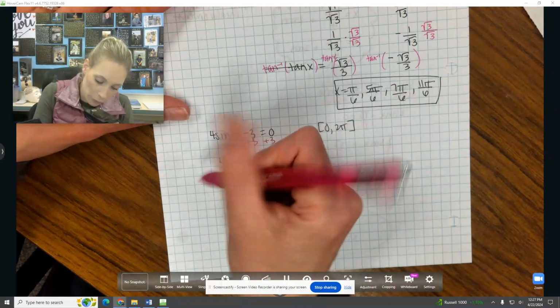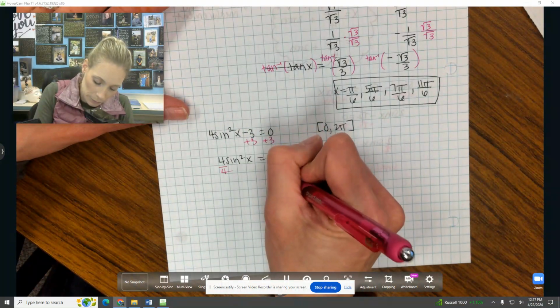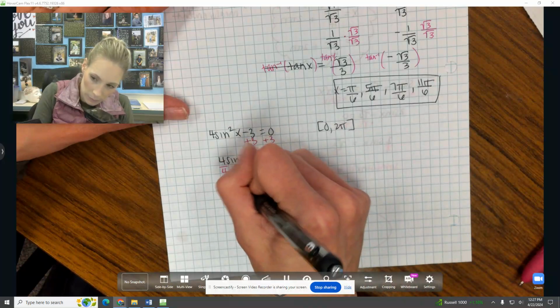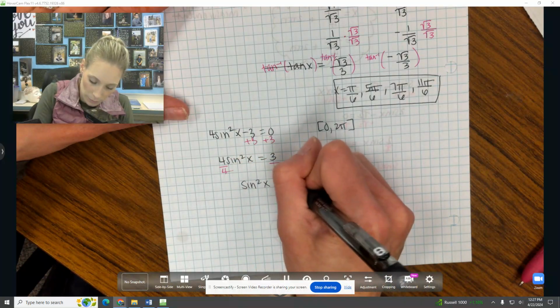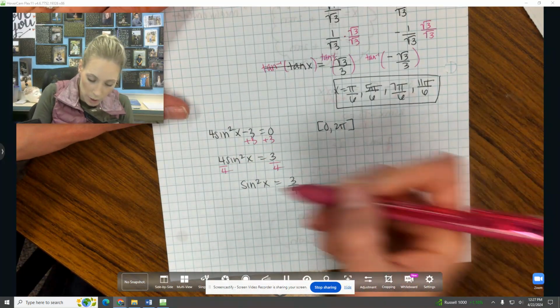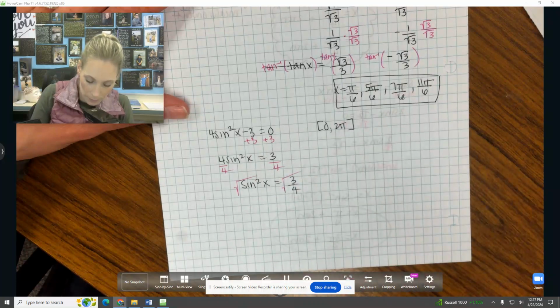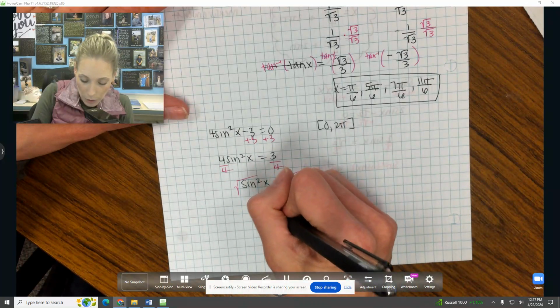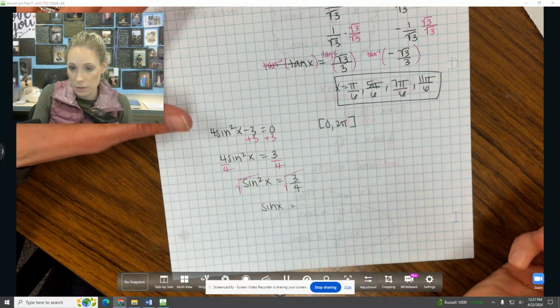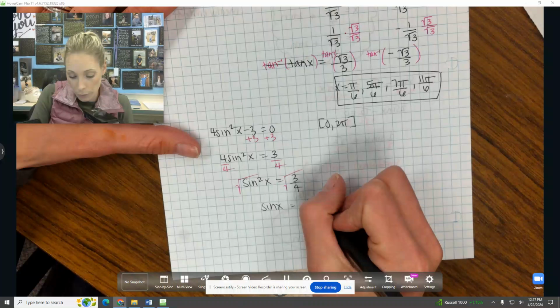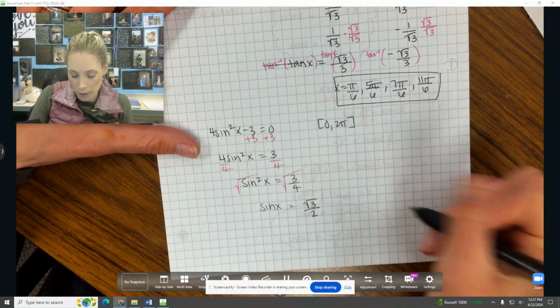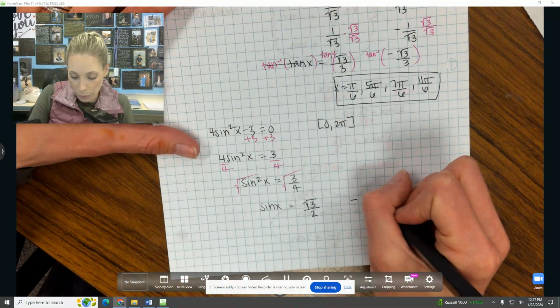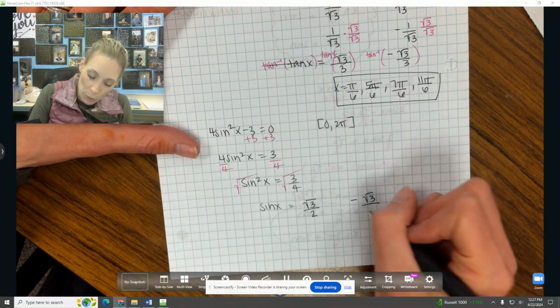We're going to divide by 4. We're going to square root. Now remember, when you square root, we now have two answers. We have positive root 3 over root 4, and we have negative root 3 over root 4, and root 4 is 2.